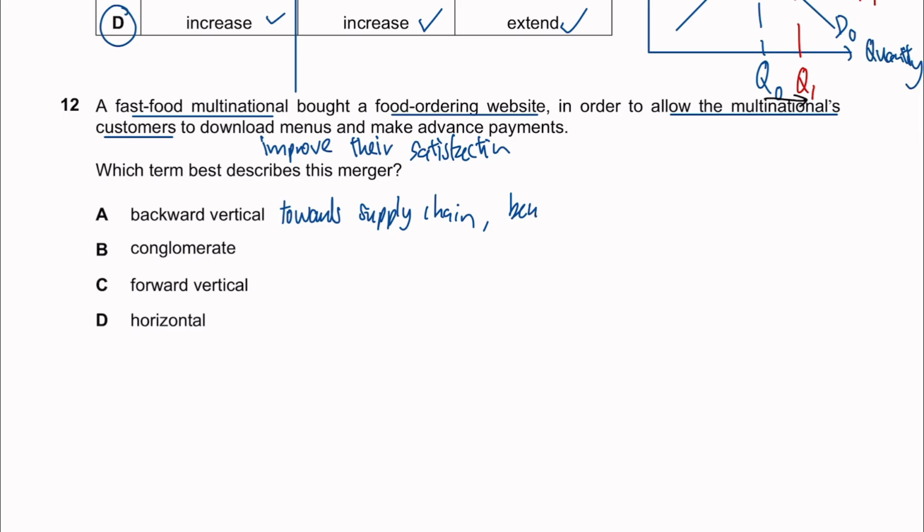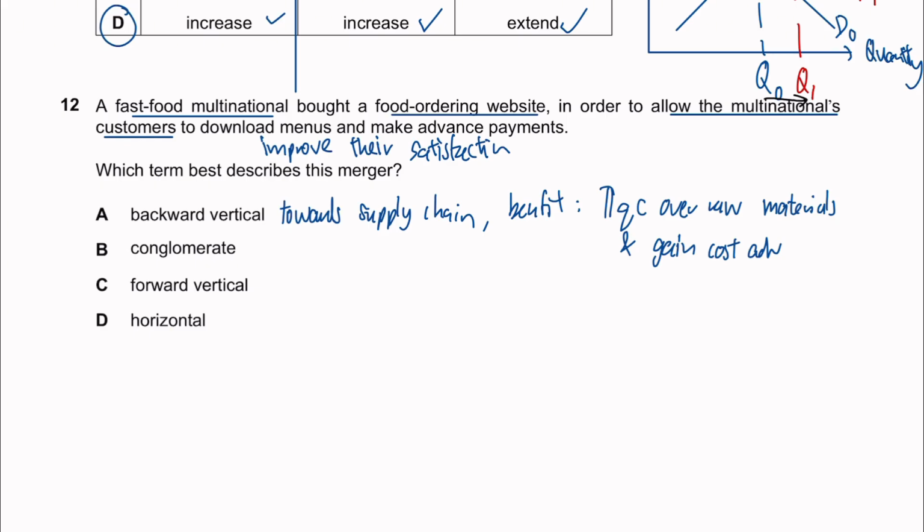The benefit is that they can increase their quality control over raw materials, and they can gain a cost advantage, because now they don't have to buy from other suppliers, they produce it themselves.